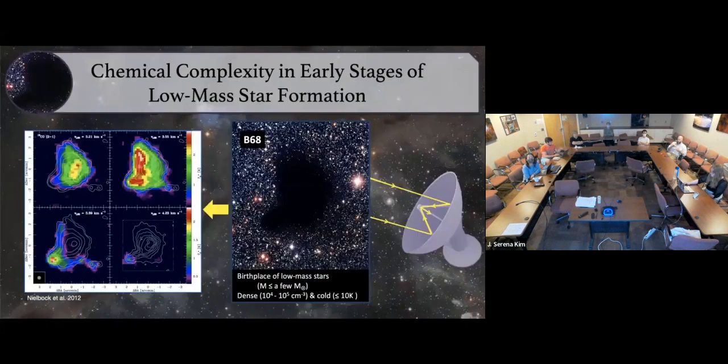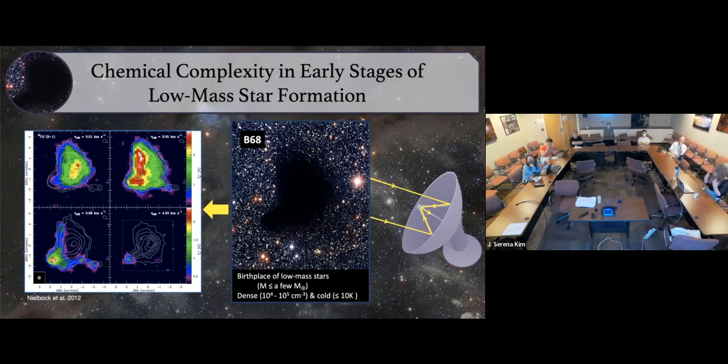The type of objects that are in the title of my talk, and that I'll be talking about for the remainder of the talk, are starless and prestellar cores. This typical picture is B68. It's a starless core. In this visible image, you just see a silhouette. It doesn't look like anything's there. This is a birthplace of low mass stars.